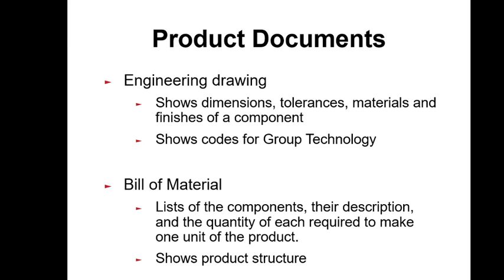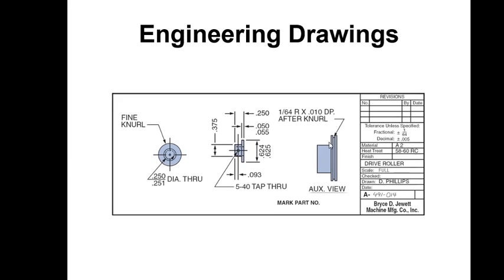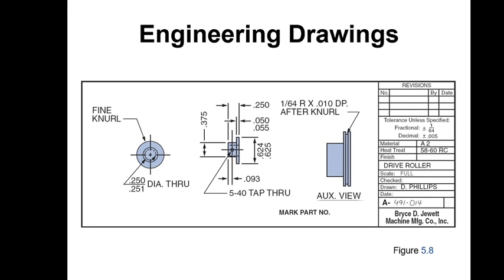What is an engineering drawing? It shows dimensions, tolerance, materials, and finishes of a component. It also, and this is important, shows group technology. Now we can go forward to this slide, and then we will go back to explain the bill of material.